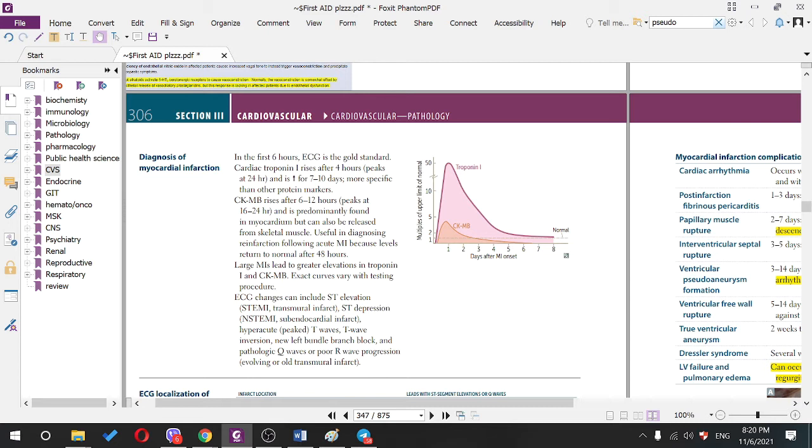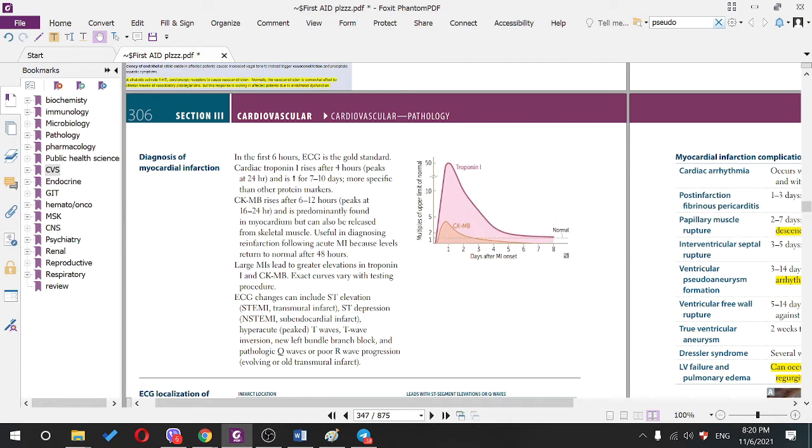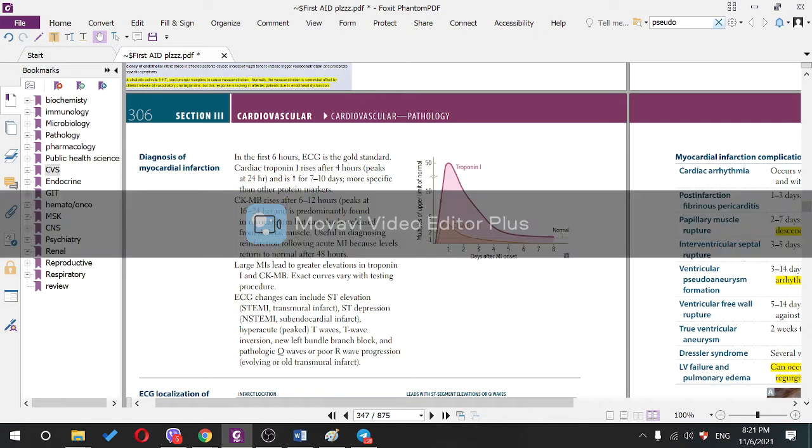Okay, so it's useful in diagnosing reinfarction following an acute MI. Why? Because the levels return to normal after 48 hours, and thus you can check the reinfarction much more easily. While in troponin, it will be high anyway, reinfarction or not, because its half-life is much longer than for CKMB.